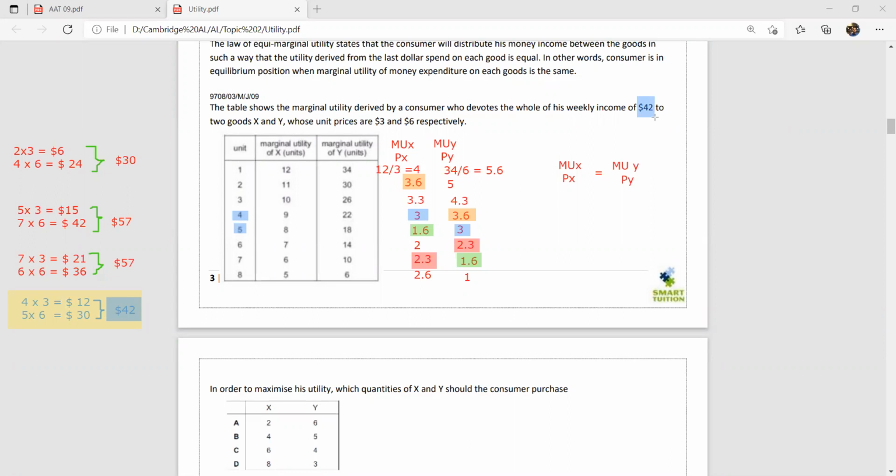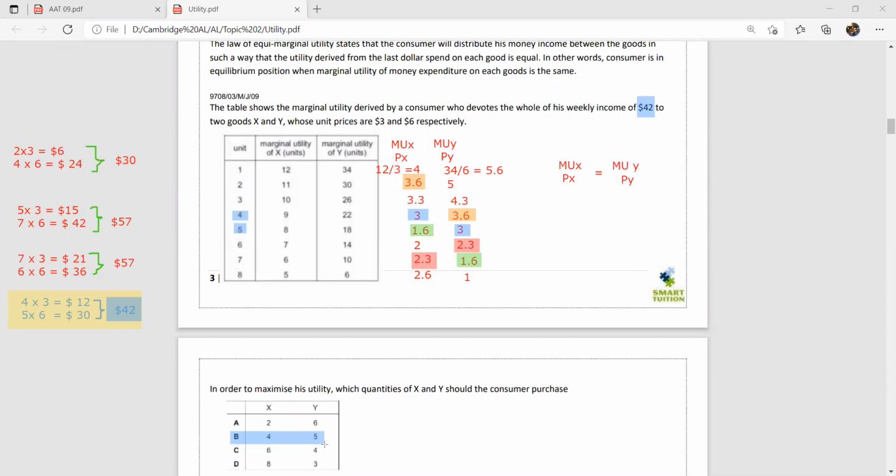In equilibrium, the consumer spends the entire income in order to get the maximum satisfaction. There is no saving and no excess. So according to this question, the consumer maximizes his utility with 4 units of X, 5 units of Y, so the answer is this one.